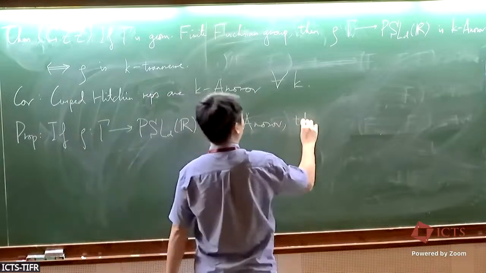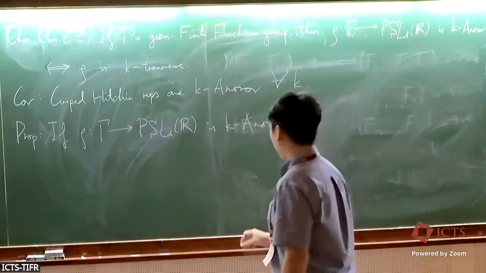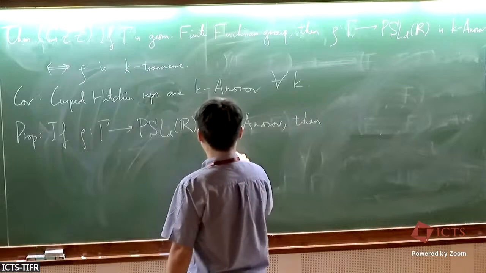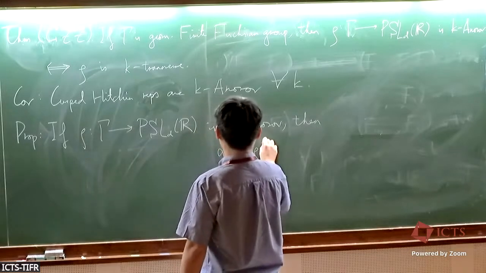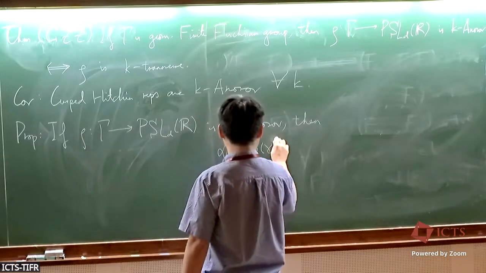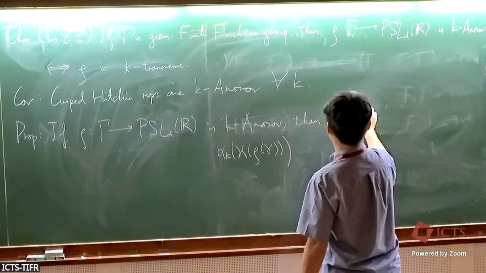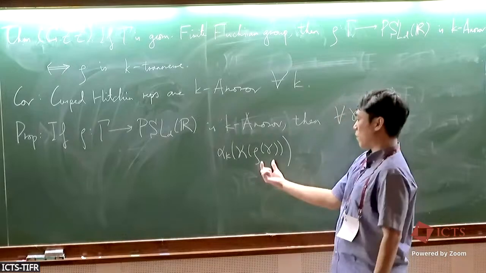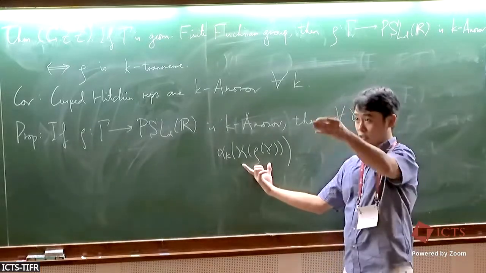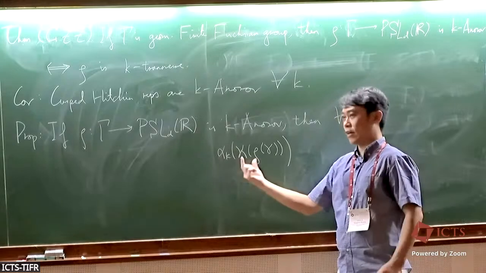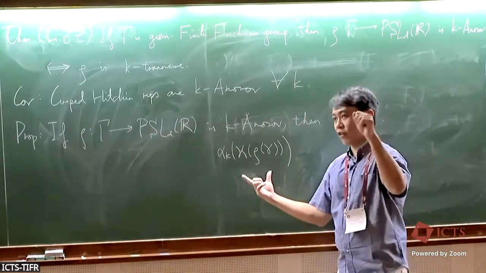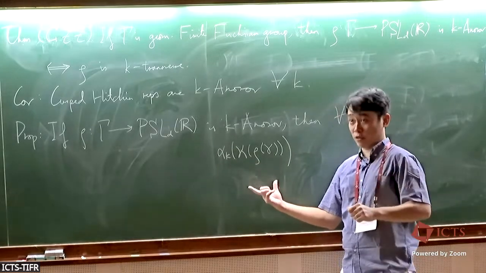then if you look at alpha K evaluated on the Cartan projections of rho gamma, for all gamma in Gamma. So what is this? Remember, this Cartan projection is the logarithm of the singular values, right? And so alpha K is just the difference between the log of the K singular value and the log of the K plus 1 singular value.